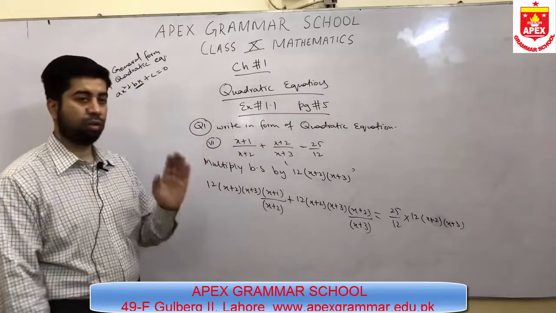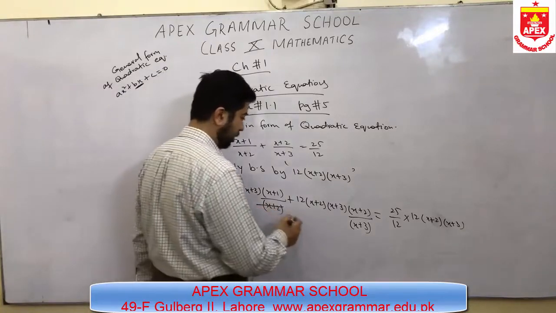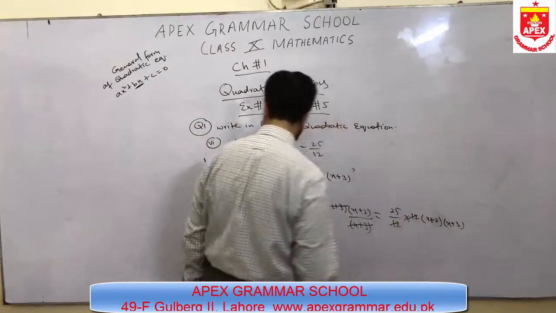Now the things which are going to cancel are x plus 2 with this x plus 2, x plus 3 with this x plus 3, and 12 with this 12.